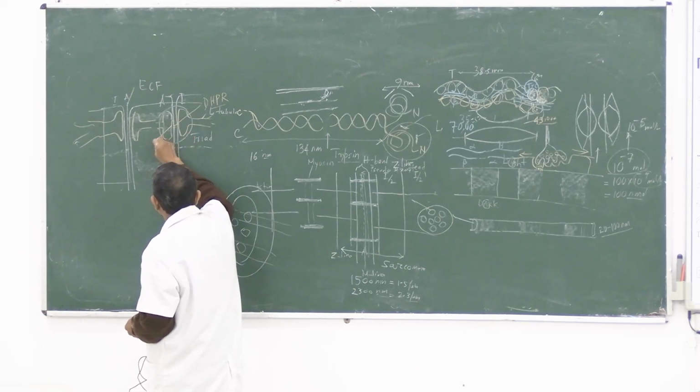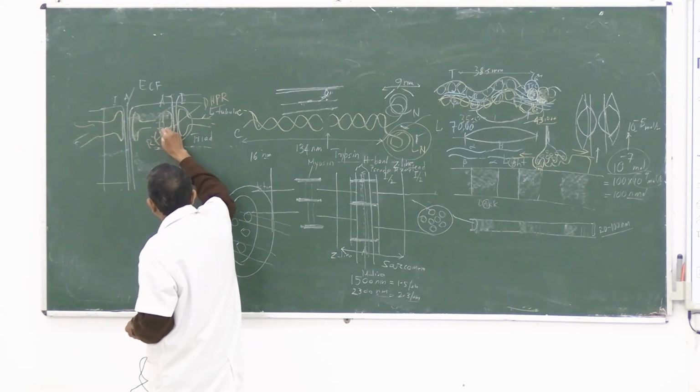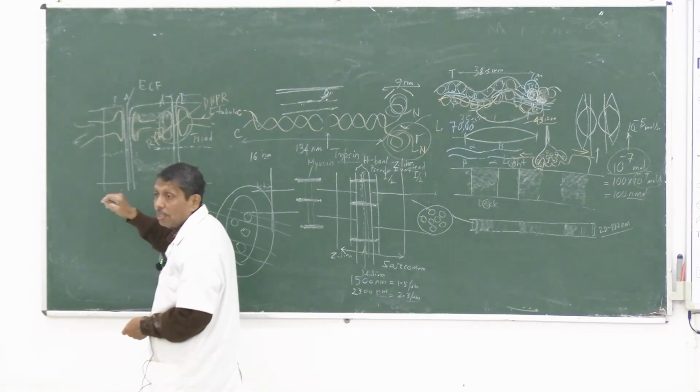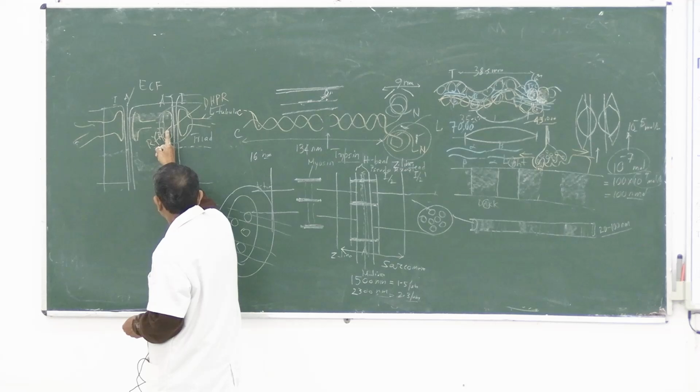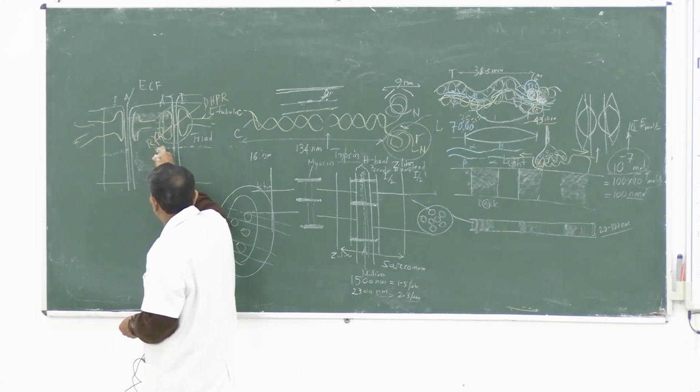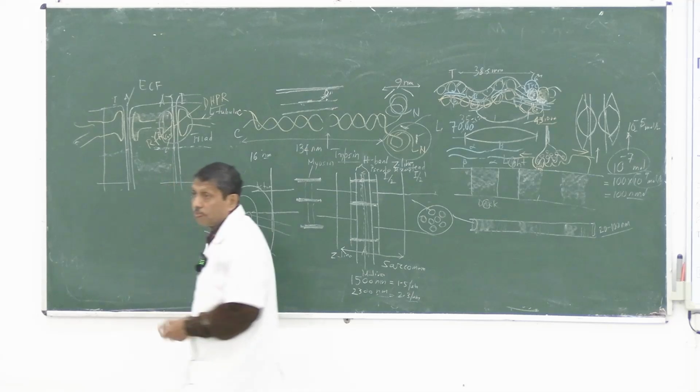And there is the ryanodine receptor, RYR receptors, and it is the ligand gated calcium channel. In skeletal muscle, external concentration of calcium is not essential, and there is some physical process by means of which calcium will be liberated and it will have its action.